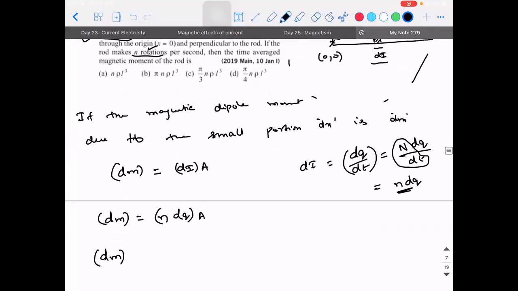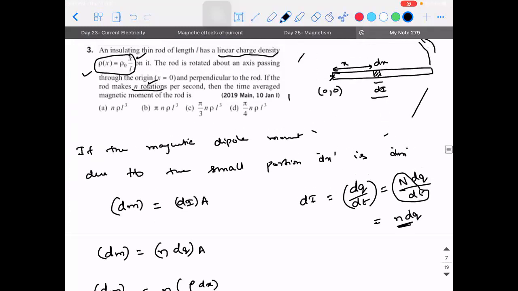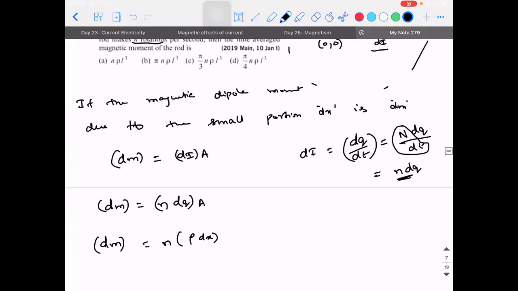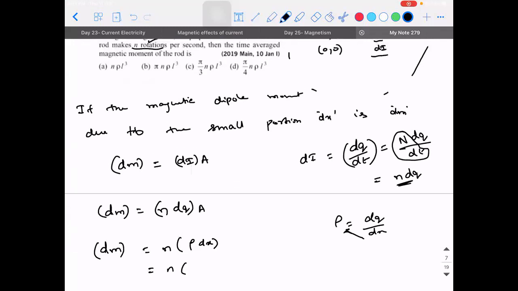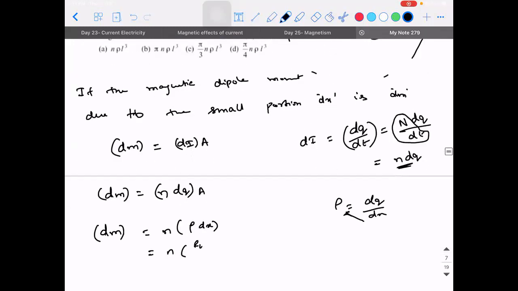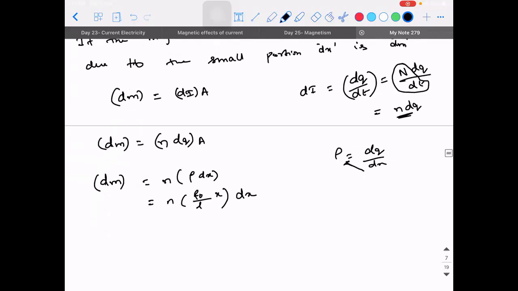So dm is equal to n into, in the place of dq, what can I write? Can I write it as rho into dx? Because rho is nothing but dq divided by dx. So dq is equal to rho into dx. So n into, what is the value of rho? It is rho naught divided by L multiplied with x, and you have another dx here.